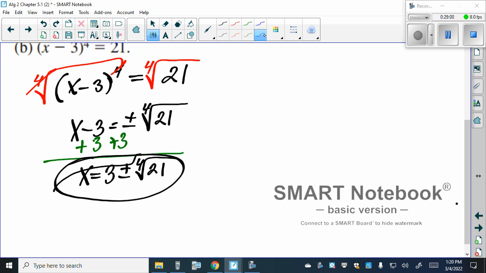Because 2 to the fourth is 16, 3 to the fourth is 81. So really no number between 16 and 81 has a nice fourth root. So 21 is not going to have a nice number. So we can leave it as this here. And that's all we have to do for this. Any questions on this here?